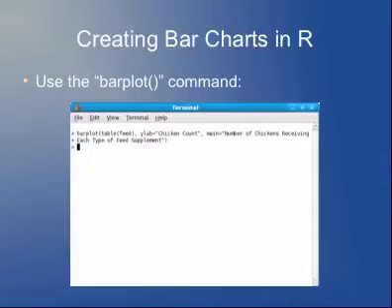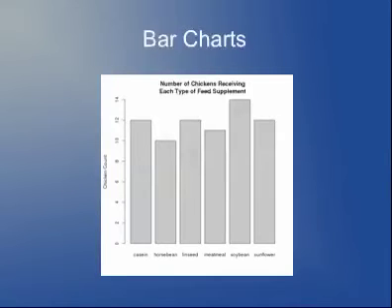And you'll also notice there are these other commands here, ylab and main. ylab stands for Y label. It's the label for your Y-axis. Main is the main label atop your graph. If I go back to the previous slide here, you'll see in my R command I'd said ylab equals chicken count.